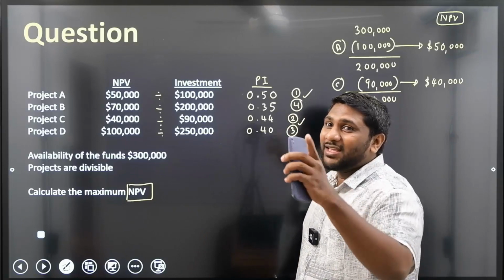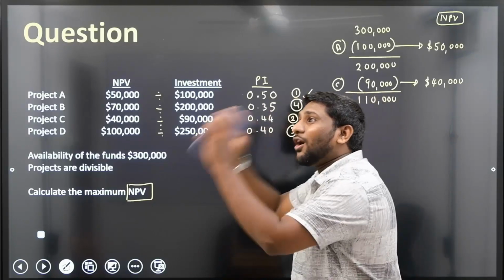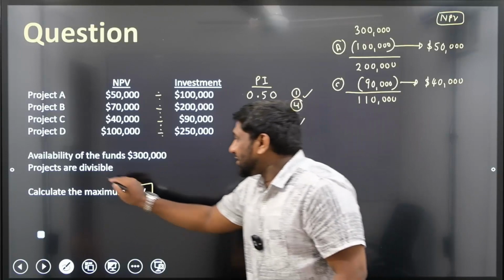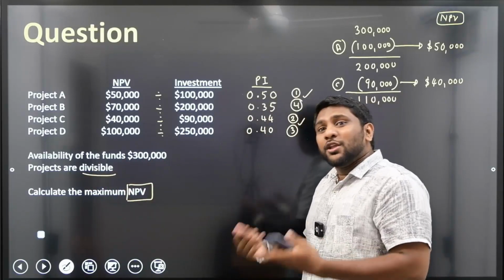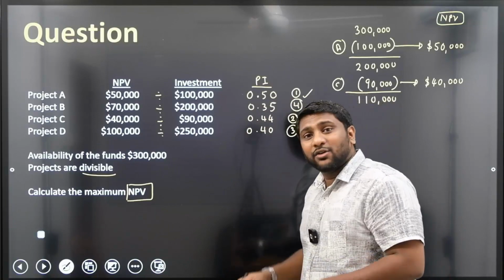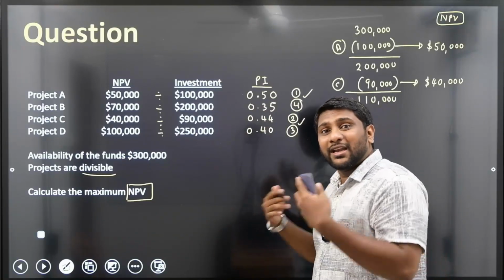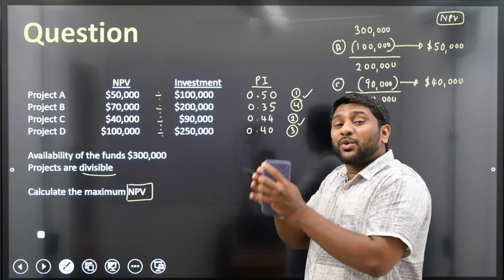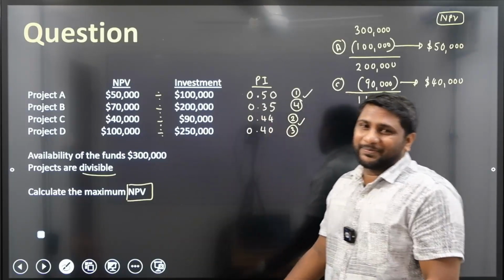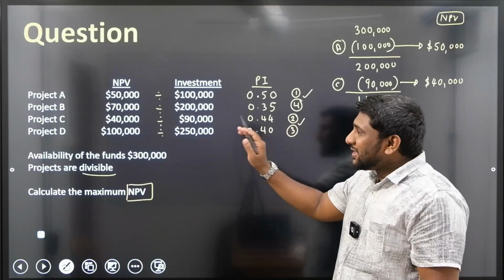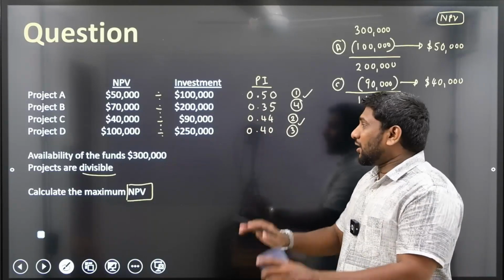I told you, if it is indivisible, you have to invest all 250. Here in this question, the projects are divisible. If you want to invest only 50,000, you can invest. If you want to invest 110,000, you can invest because the projects are divisible.